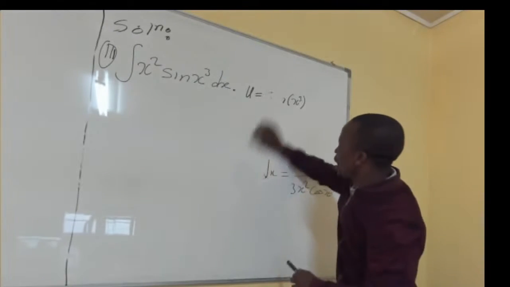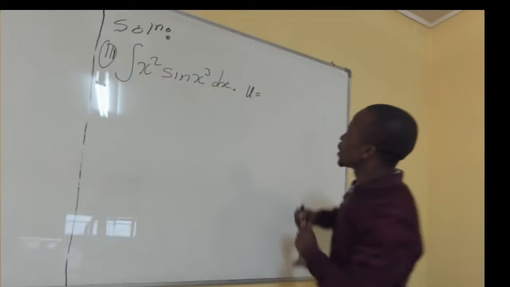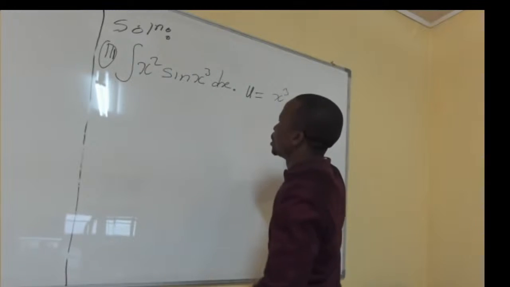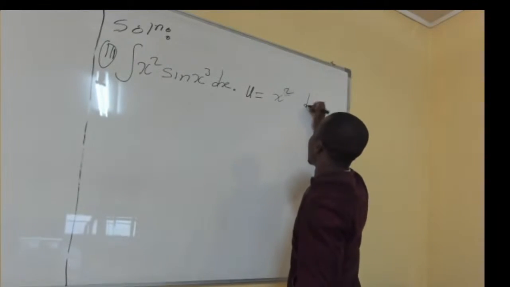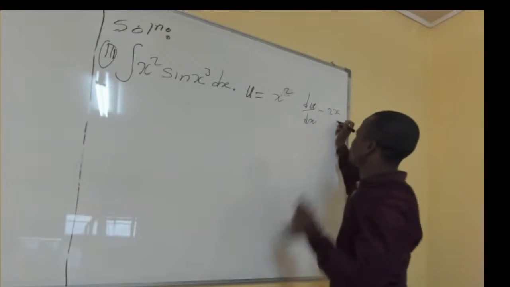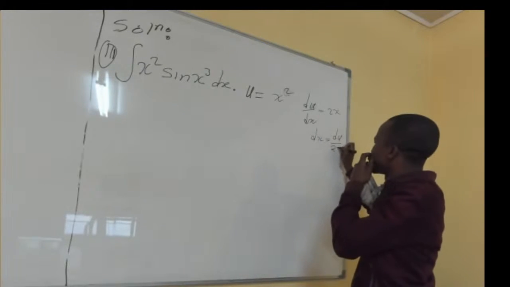The best way is, okay, if again we let our u be equal to x squared, then your du dx will be equal to 2x, so that your dx will be equal to du over 2x.